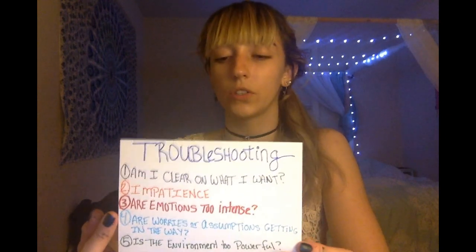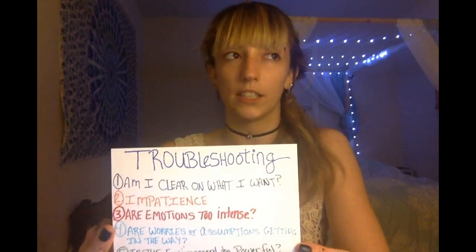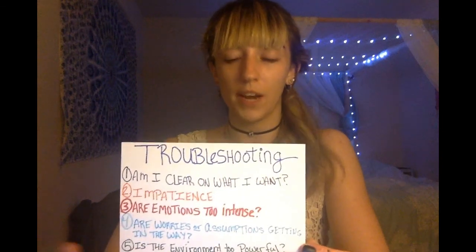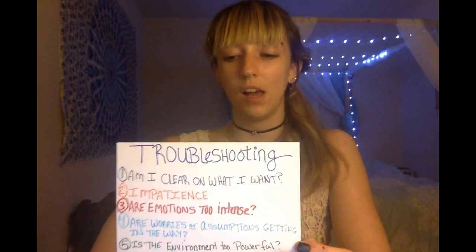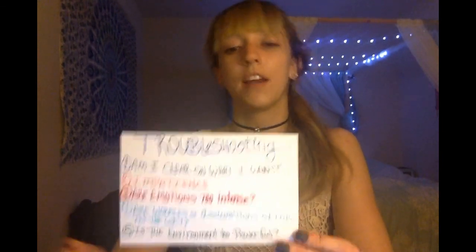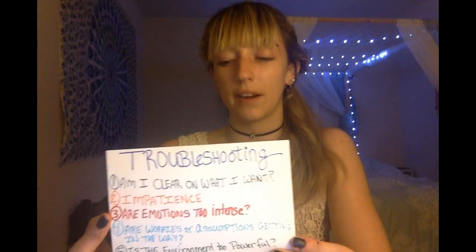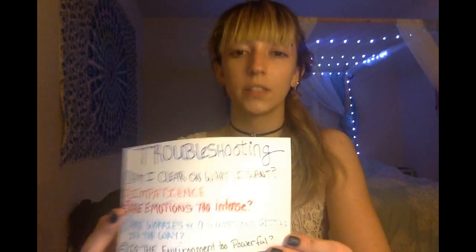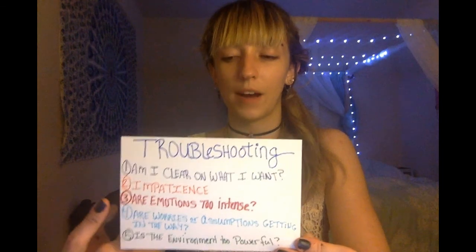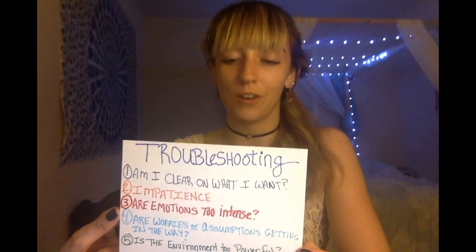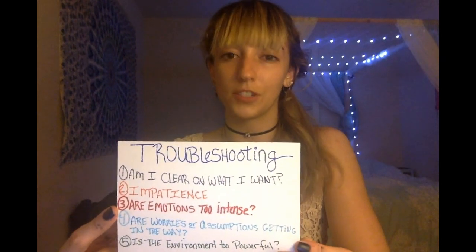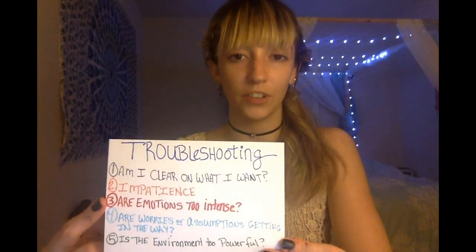The third one is, are your emotions too intense? So sometimes we're ineffective just because, again, we're human and we have these strong emotions. But before using an interpersonal skill, sometimes it's necessary to use some distress tolerance or emotion regulation, which we'll talk about in a second, in the next chapter. Because if your emotions are too intense, oftentimes, even if you're trying to hide it, other people pick up on it.